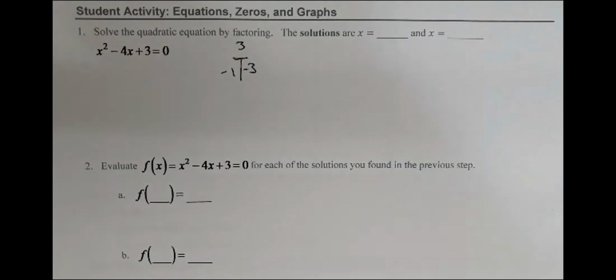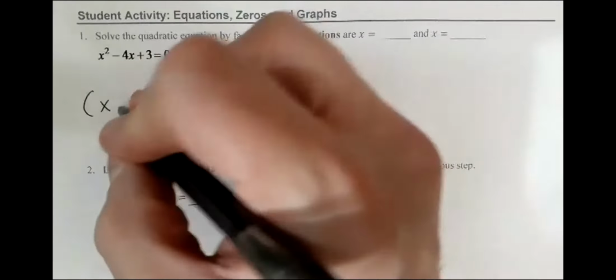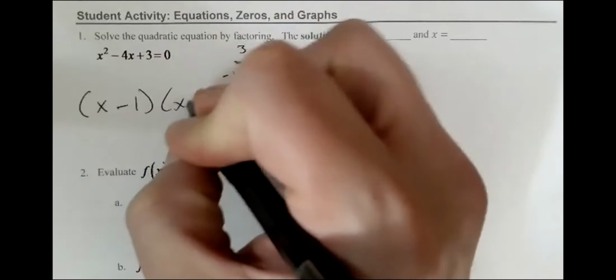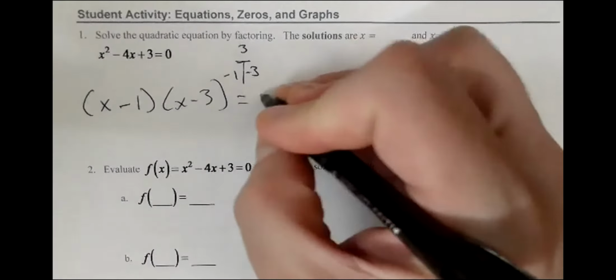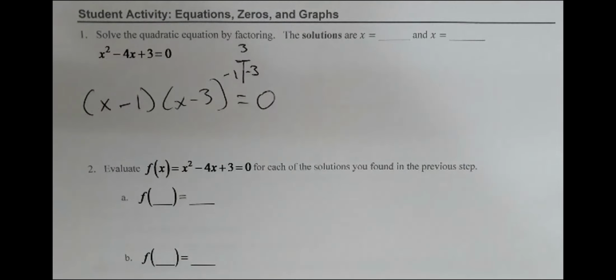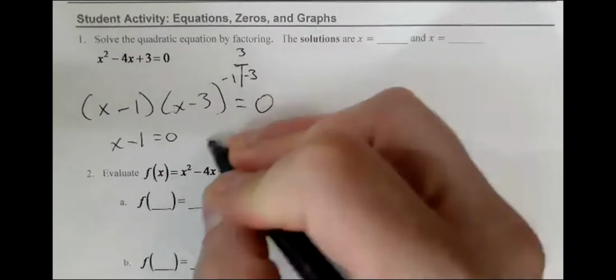And so you should be able to factor these things hopefully by now, but it should look like x minus, when we factor that left side. And then this is equal to 0, and so the two factors of this thing look like x minus 1 and x minus 3.